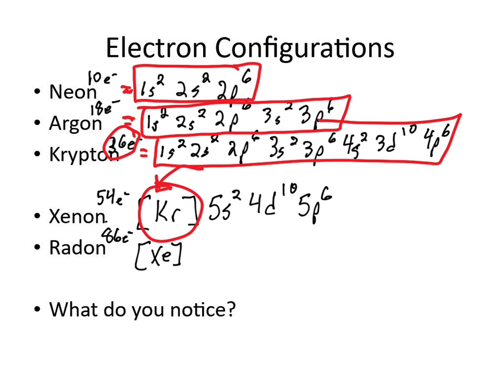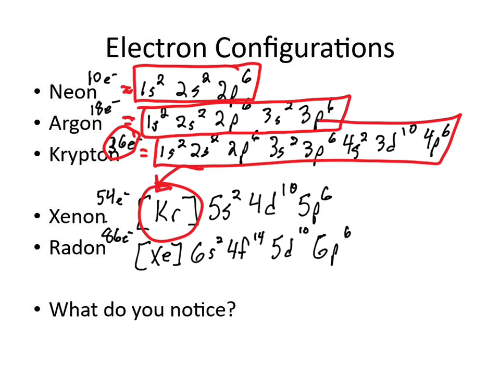Convention is that you do square brackets. And then after xenon's 4p6, the next one would be 6s2. Then after 6s2 is the F, but that drops back twice, so 4f would be 14. Then 5d10 and 6p6.